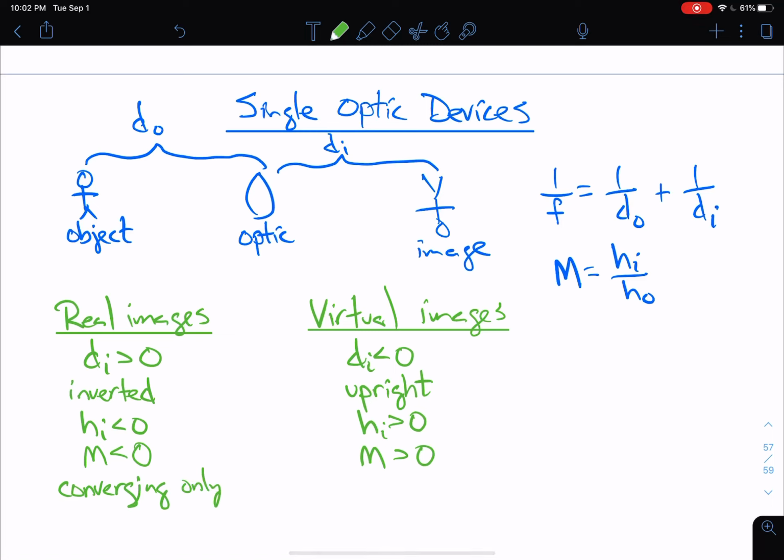So if you think about a magnifying glass, maybe at some point you used it to bring all the light rays from the sun into a point to burn a leaf or some grass or an ant or a younger sibling. Okay, it brings the light together. It's a converging optic. Virtual images can be created by diverging optics or converging optics.